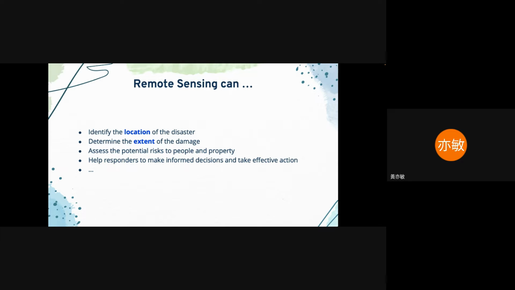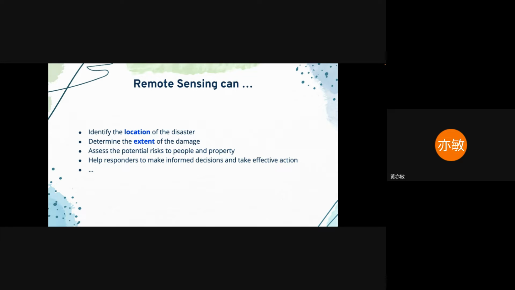You can have an overview of the area way beyond your area of interest, and then you can see if there are any interactions surrounding the area after the disaster occurred.